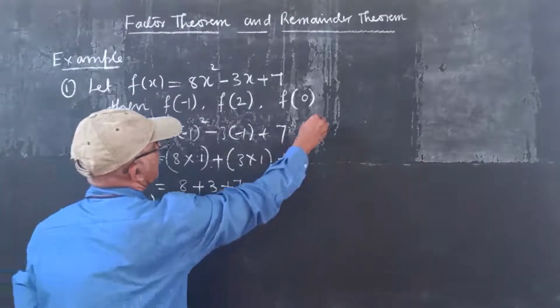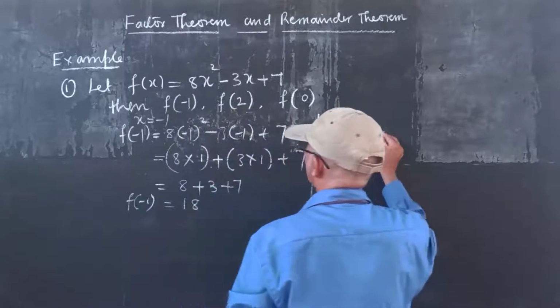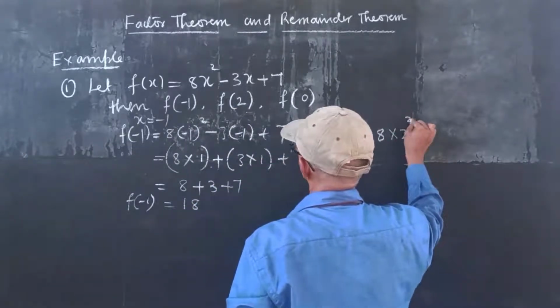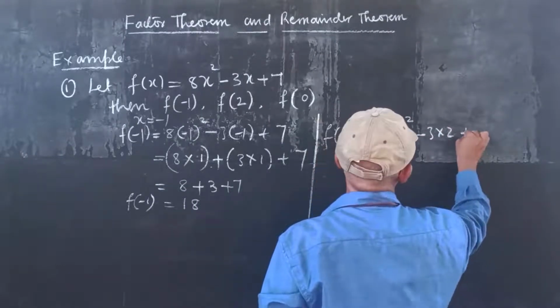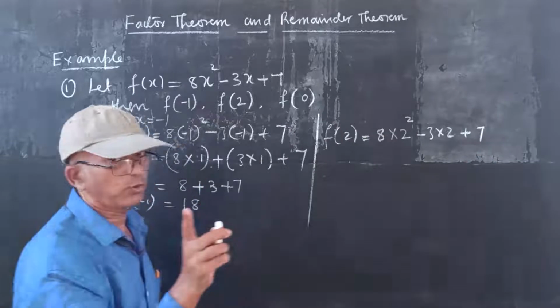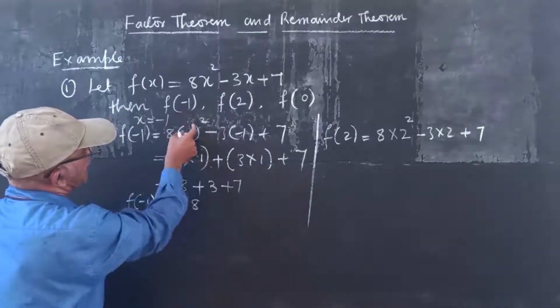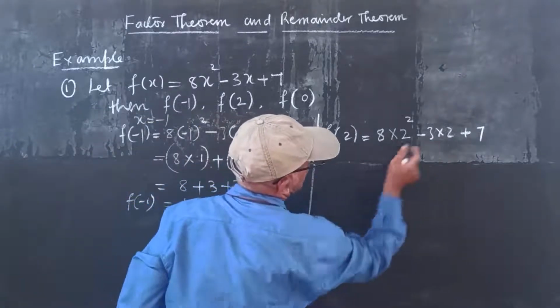Similarly, now we shall calculate the value of the polynomial at x is equal to 2. So now I am going to write 8 into 2 square minus 3 into 2 plus 7. Note one thing here: earlier I used brackets because of the negative sign. Here 2 is positive, so I am not writing the bracket.